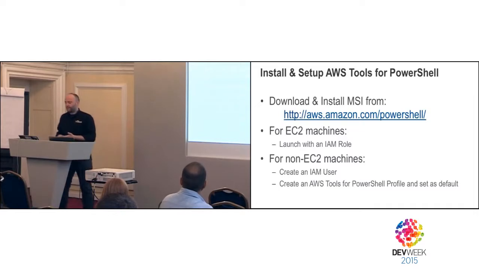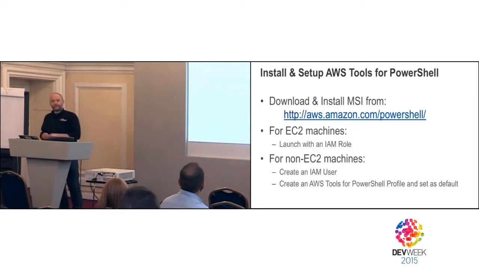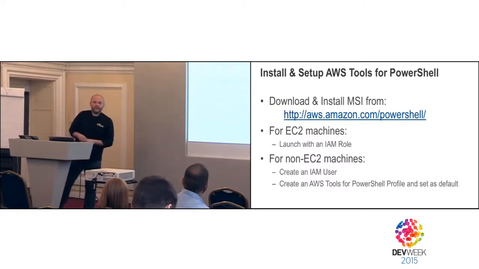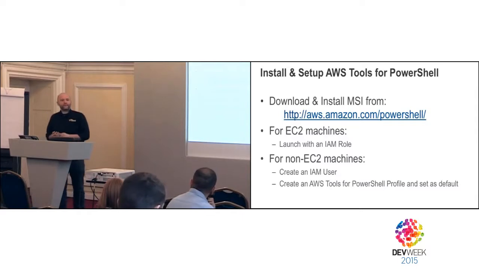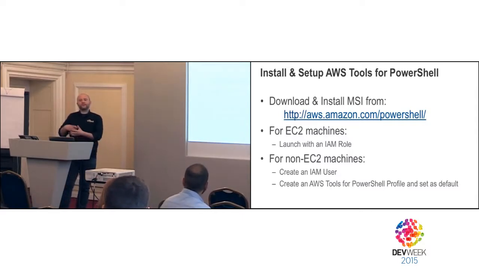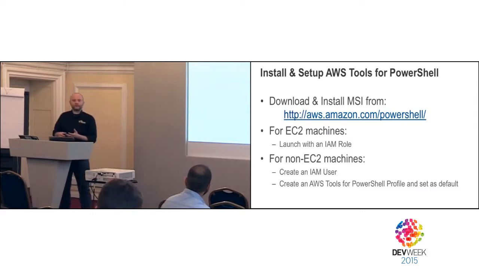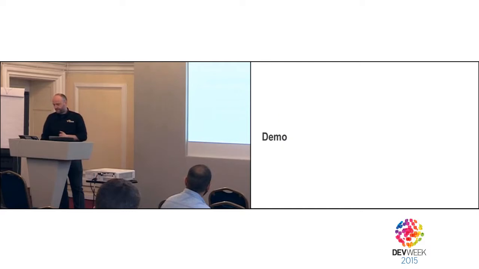And for non-EC2 machines, you're going to create an IAM user, and then when you go into the PowerShell tools, you're going to provide it with the credentials of that user and store that. You can store it as a default, so that any time you come back and run PowerShell commands, it will use those credentials that you stored previously.